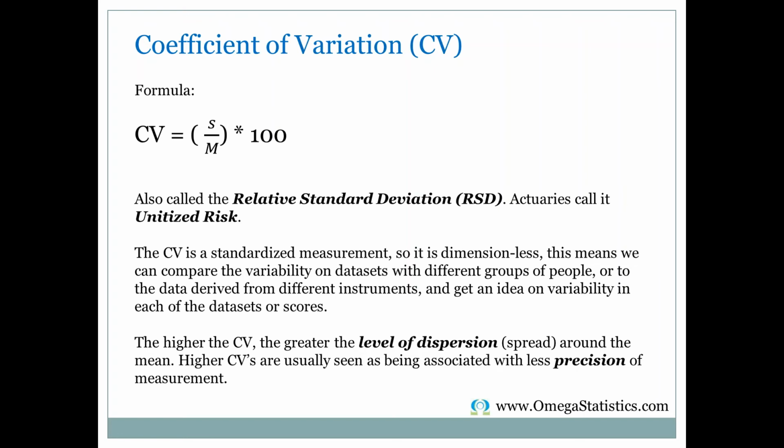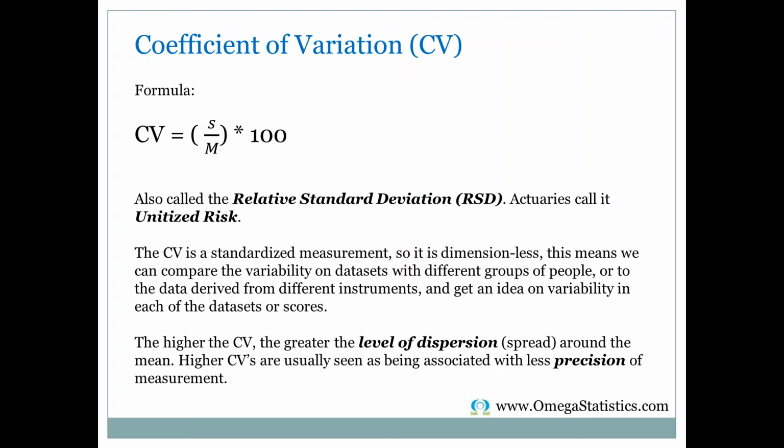They might have been very, very close together on the measurements of IQ, but widely spread out on emotional intelligence, or the other way around, or the coefficients of variation could be rather close in value, and not much different between the two tests. So they're very useful to do some comparisons.